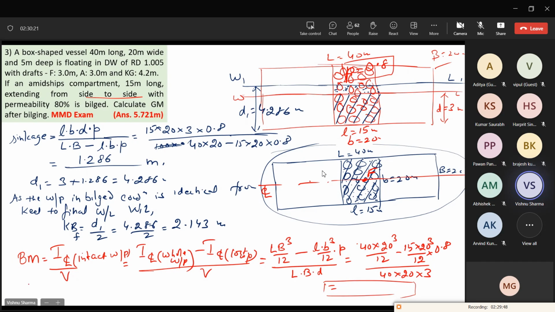And then we get GM equal to KB, 2.143, plus BM, minus KG given in the question, 4.2. This should give us an answer of 5.721 meters.